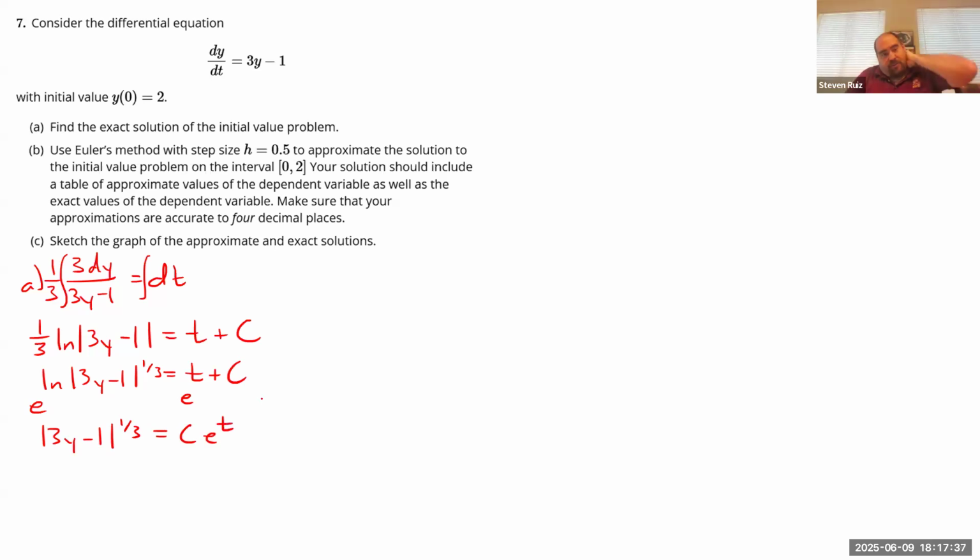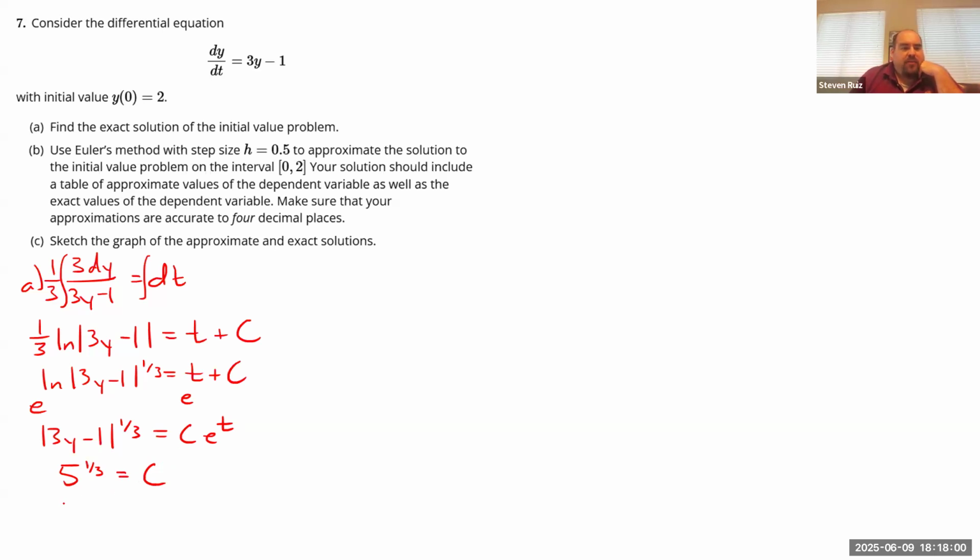I'm going to go ahead and stop here so I can evaluate c. So what happens when I plug in 0 for t? I get 2 for y. So basically 5 to the 1/3 equals c times e to the 0. So my c is the cube root of 5, essentially.